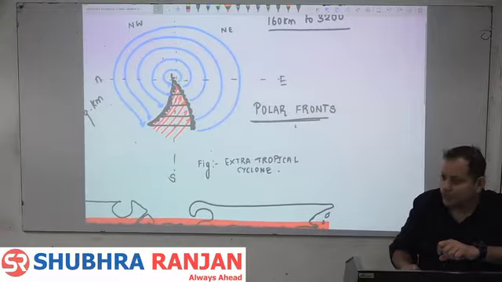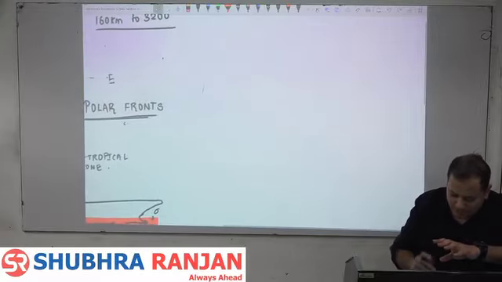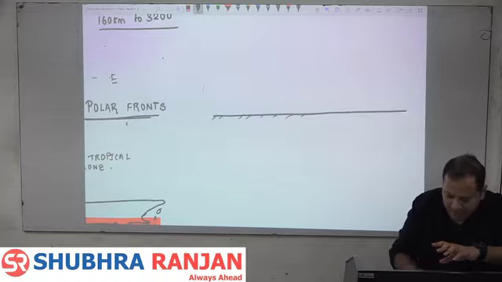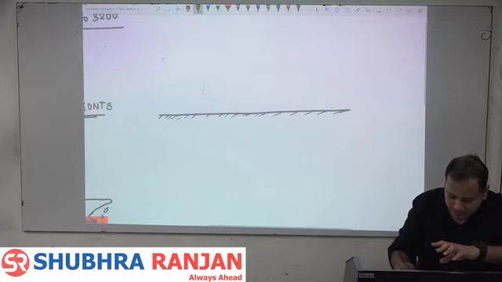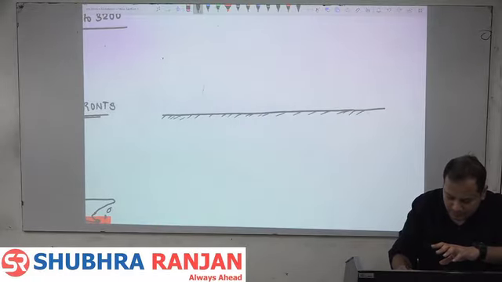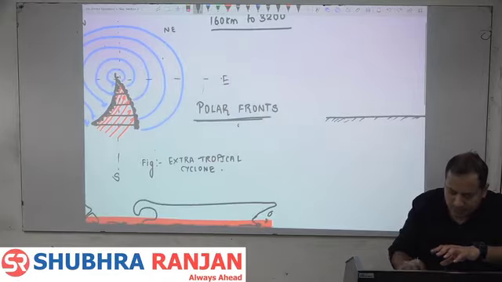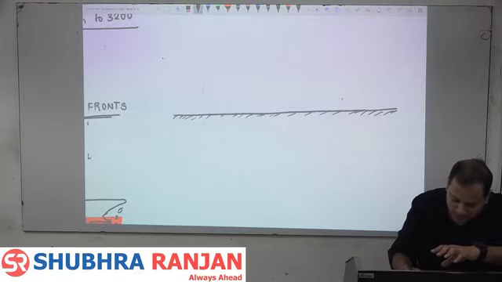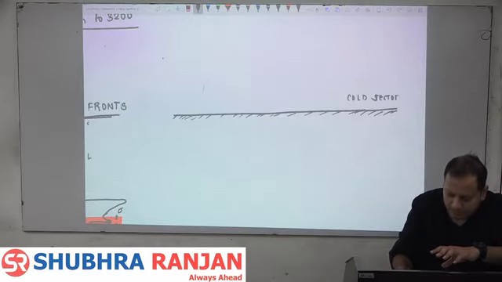Now see, I am showing you what an extra tropical cyclone or a temperate cyclone is. Our earlier diagram was from the top. Now we will see how it is from the ground. First, the cold air sector. This is the region of cold air on the ground, and we will call this the cold sector.